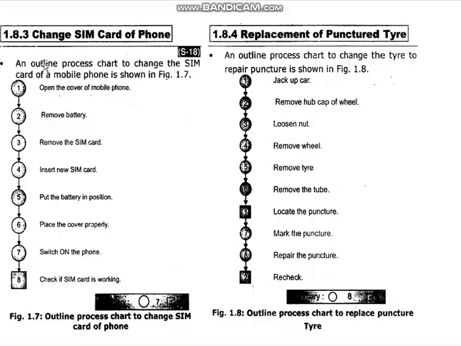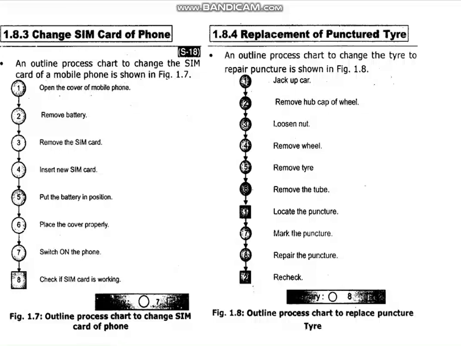Now the question, this was asked in summer 18. You see, the outline process chart to change the SIM card of a phone. Sometimes suppose you're not satisfied with some company, because the tower is not good in your house or something, you want to change to another number, you port it, and now you have got a new SIM.